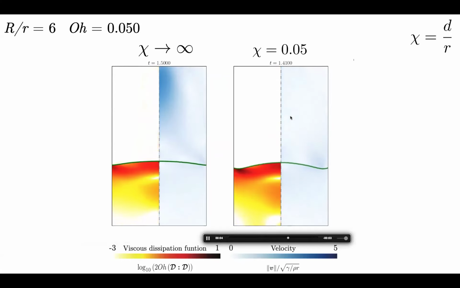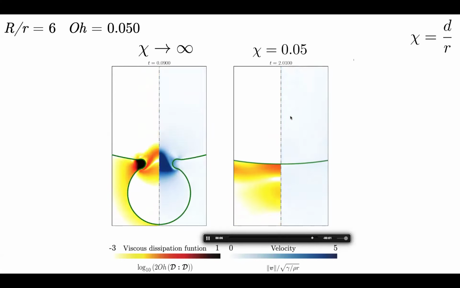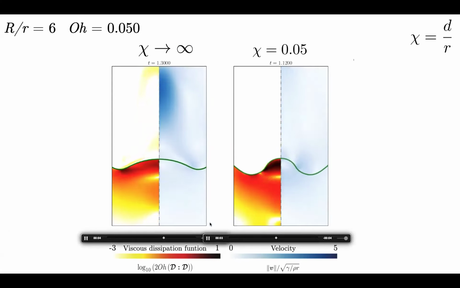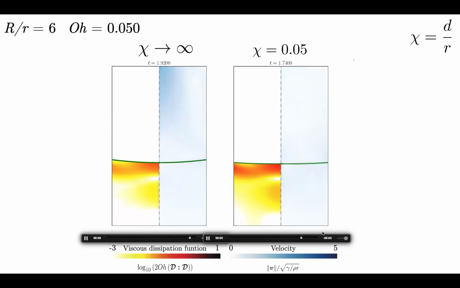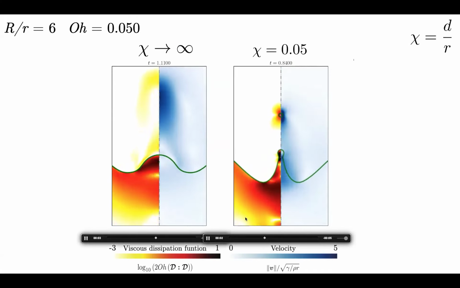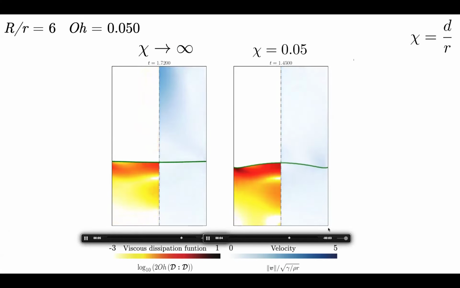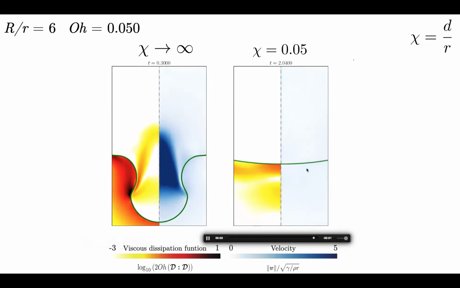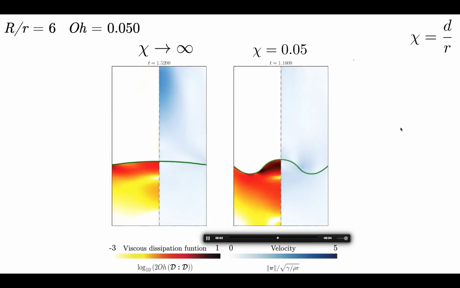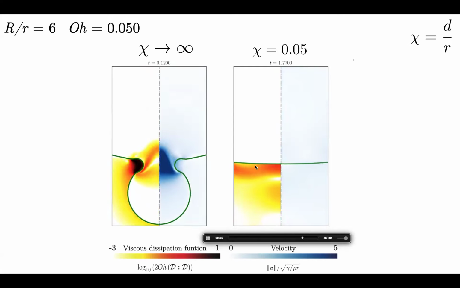And the mechanism is not that of viscous dissipation, but rather because of the reflective flow that comes in from the wall. So the difference between the left and the right again is that there is a wall in the right case over here. And then what happens is that you have all of this liquid that undergoes flow focusing because of the capillary waves.